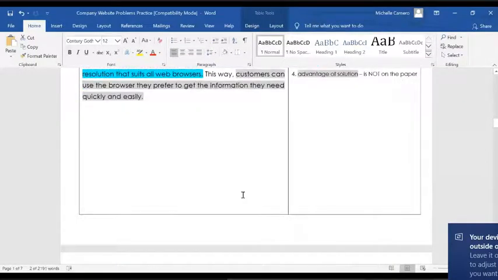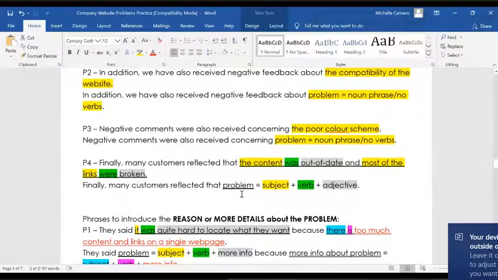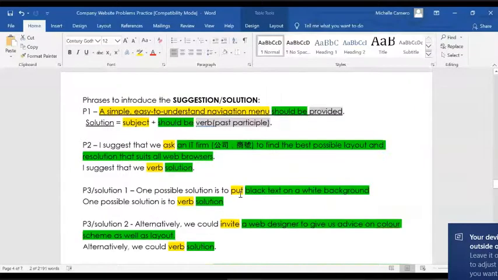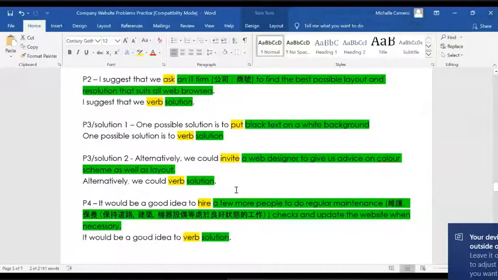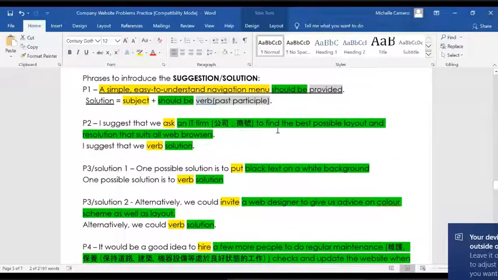What did we put in the sentence, though? Let's see. Here they said, "I suggest that we ask an IT firm to find the best possible solution and resolution that suits all web browsers." So they didn't even use the word "improve," which was given to you on the paper.